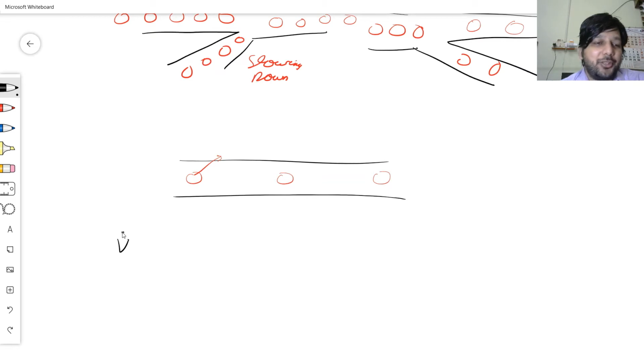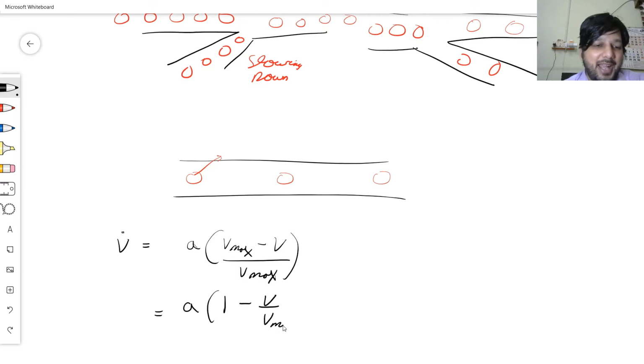So let's say that I have an inherent desire to travel with the maximum speed possible, or my acceleration should be equal to a constant times, let's make a P controller. So my acceleration is proportional to my desired speed minus my current speed. And let's normalize this quantity so that this proportionality becomes easy. So V max, and this of course can be written as 1 minus V by V max.